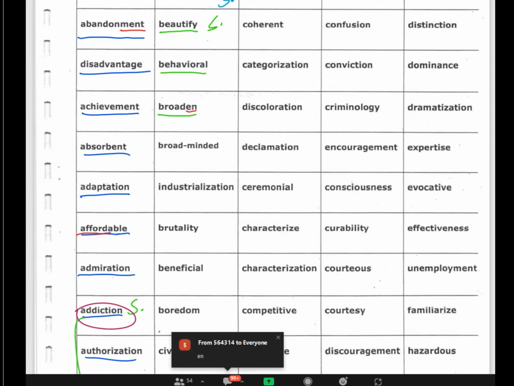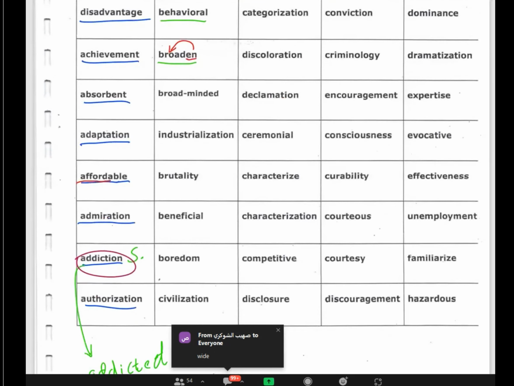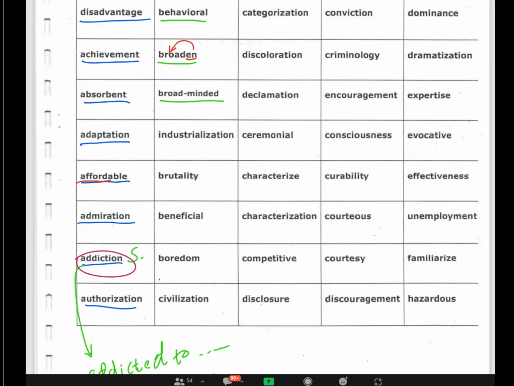So broaden means to make something broad or wide, to expand it. Yes. Broad-minded. If somebody is broad-minded, it's an adjective, yes. A broad-minded person accepts the opinions and ideas from others. It's the opposite of narrow-minded.